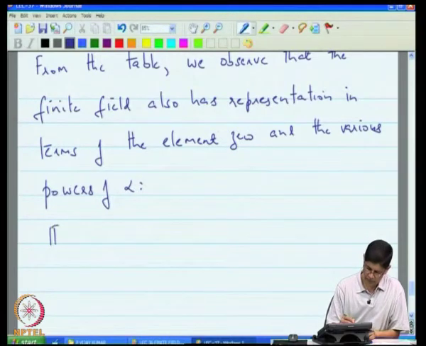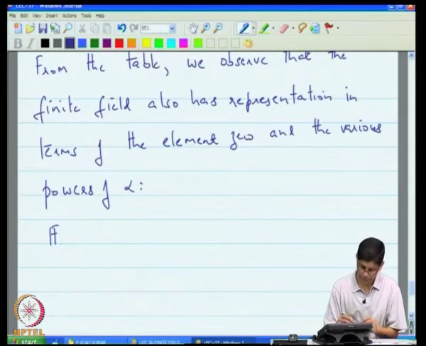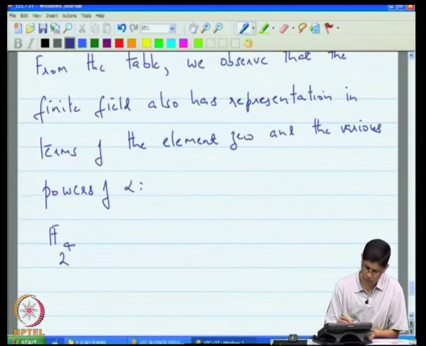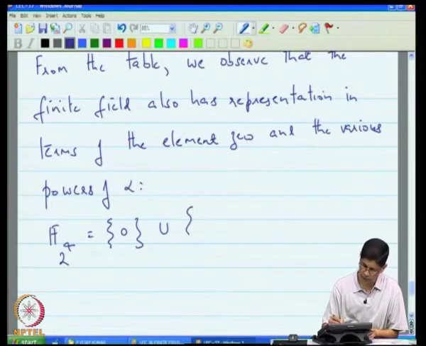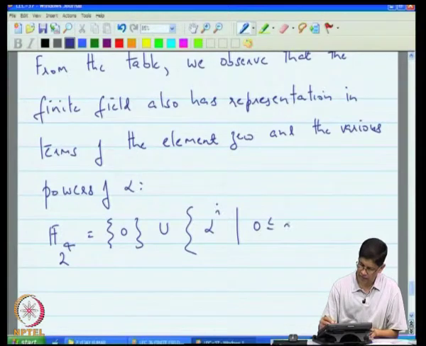So, that means that your F, the finite field of 2 to the 4 elements, can be represented in the form 0 union alpha to the i, where i ranges between 0 and 14.